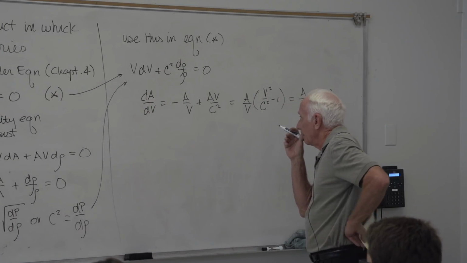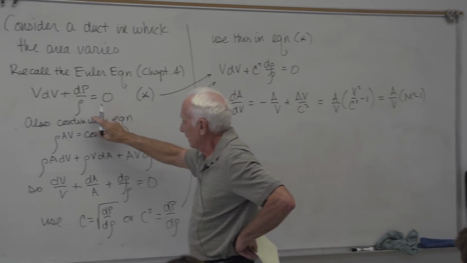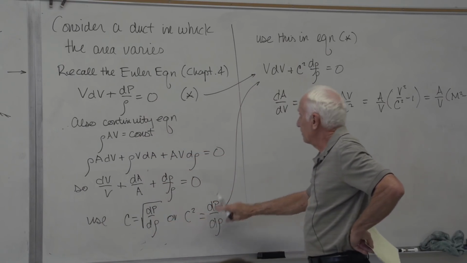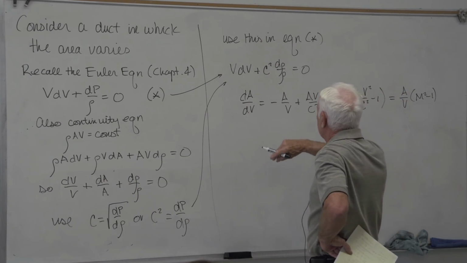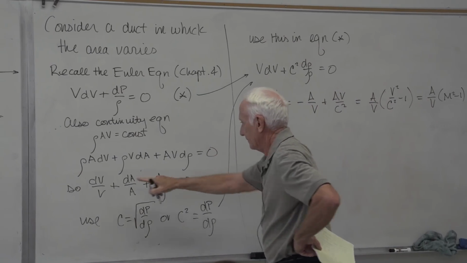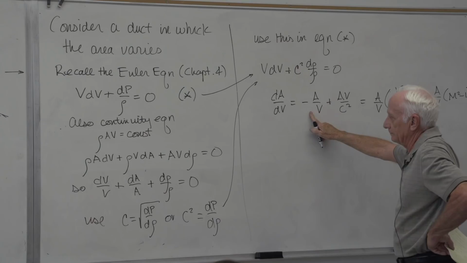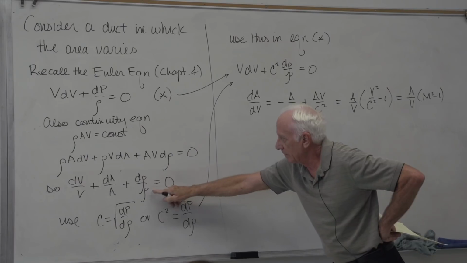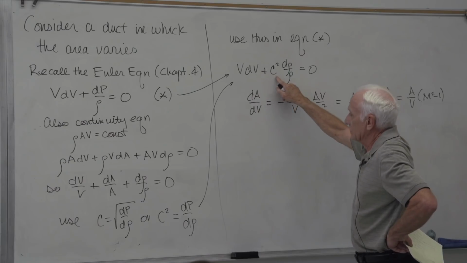Okay, where did it come from? Euler equation, energy. Continuity here. Definition of the speed of sound here. Put them all together, what do you get? This one. From this and taking this, dV, dA, d rho, you get this. Okay. dP d rho, dP d rho. Substitute in dP d rho minus V dV over C squared.